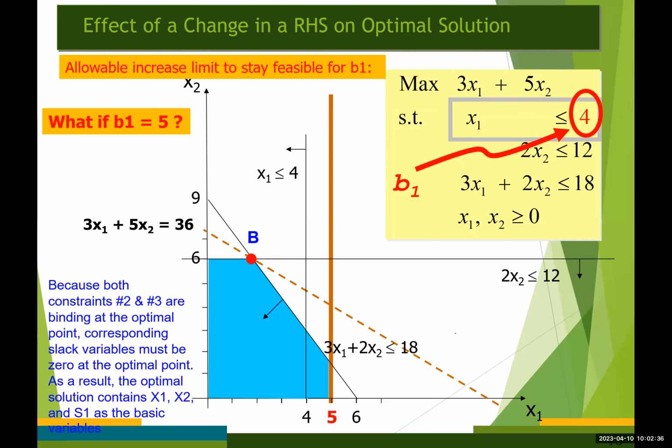So if we increase the value of B1 to 5, of course, the feasible region has been expanded. However, it doesn't impact our optimal solution, right? The optimal solution remains the same at point B, where the plant number 2 and plant number 3 constraints are binding, right?